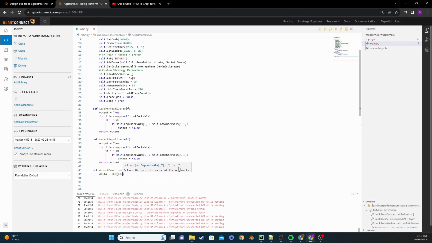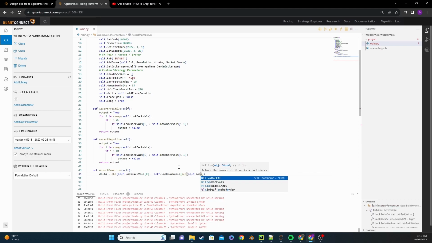So I think right here we're just going to do length minus 1 because the length is going to be 1 more than the index, and then we need to convert this guy into pips, right?